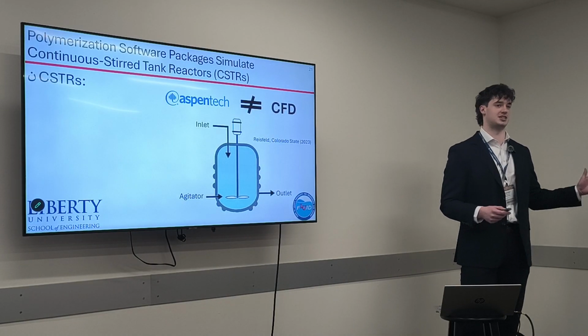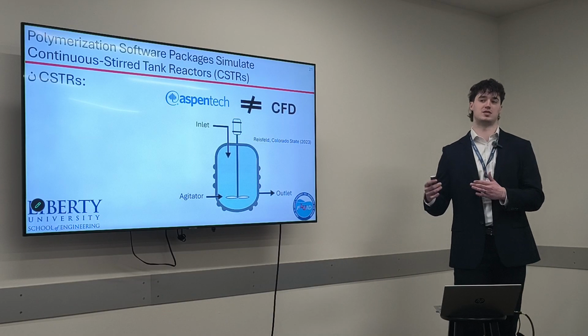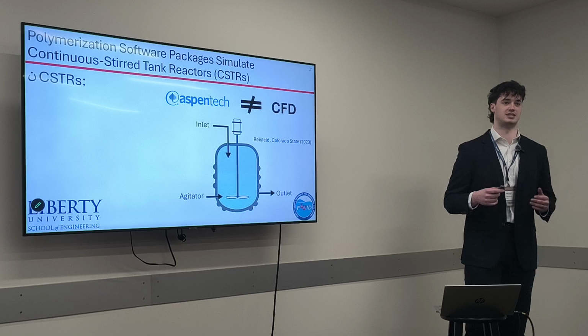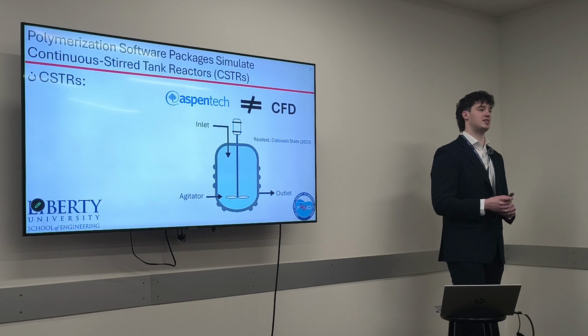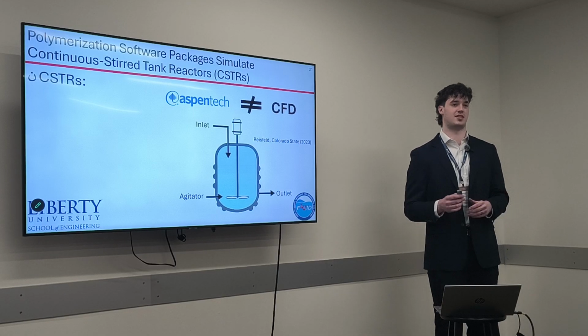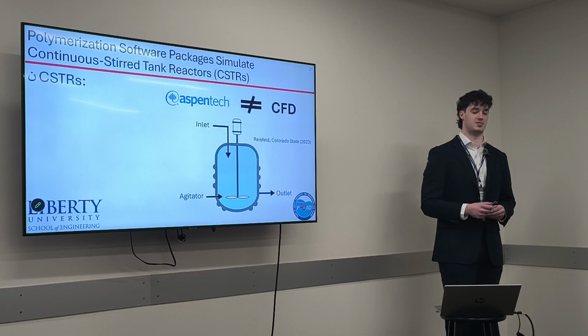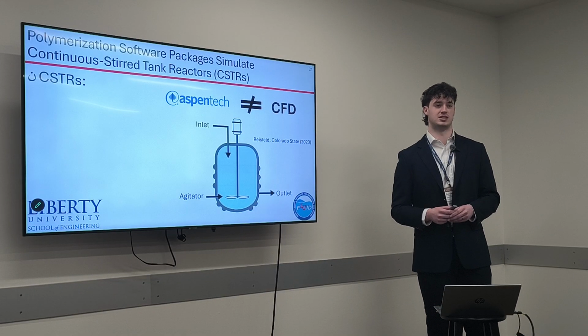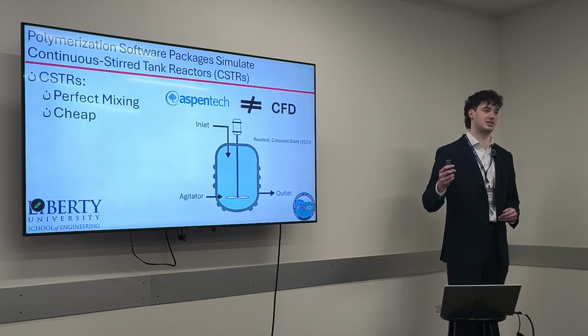And so, as Elijah mentioned, you can run experiments, but that is costly, risky, and it takes a lot of time. So lots of people turn to software. The standard in the industry is just a chemical software such as Aspen, which we validate some of our numerics against. They use continuous stirred tank reactors, which assume perfect mixing.